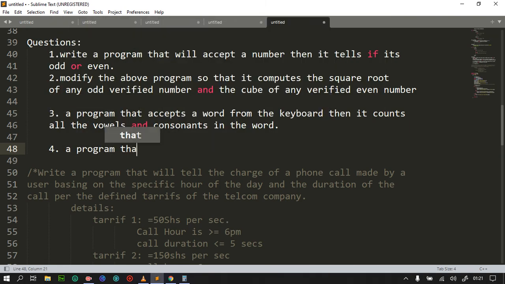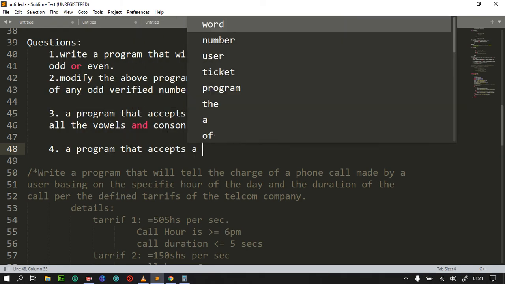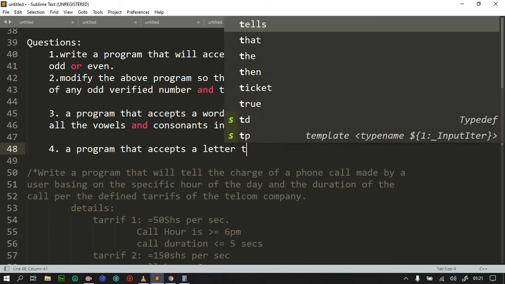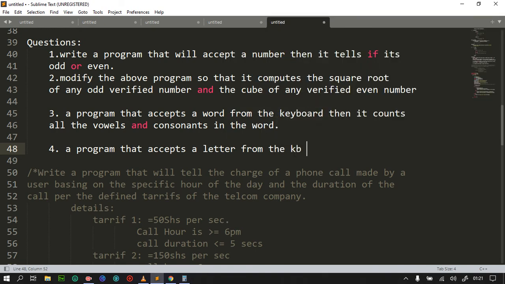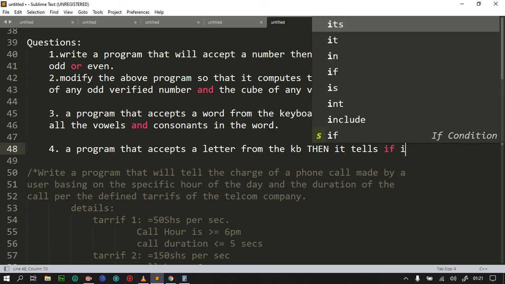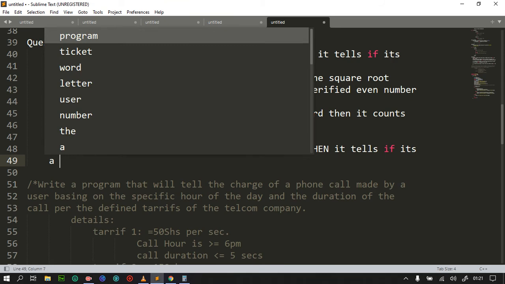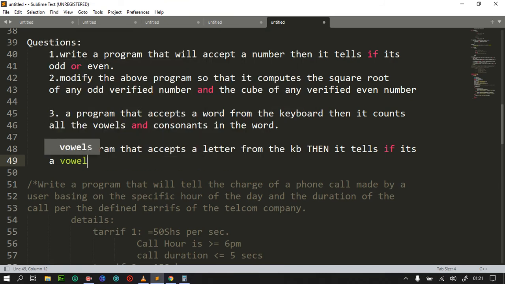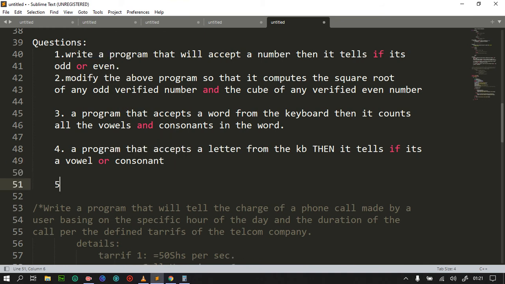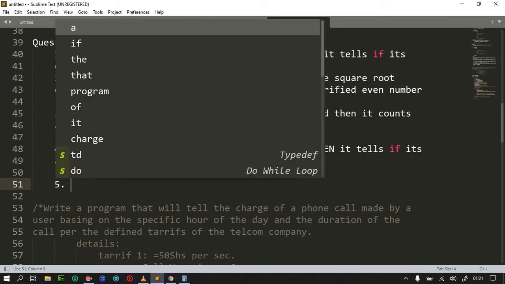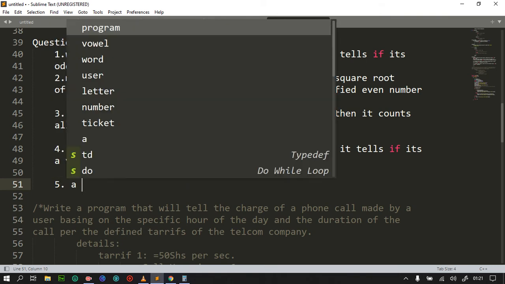A program that accepts a letter from the keyboard, then it tells if it's a vowel or a consonant. Okay, so we have quite a number.